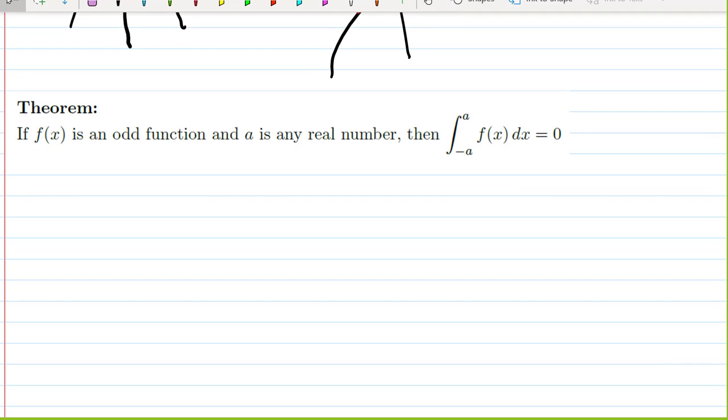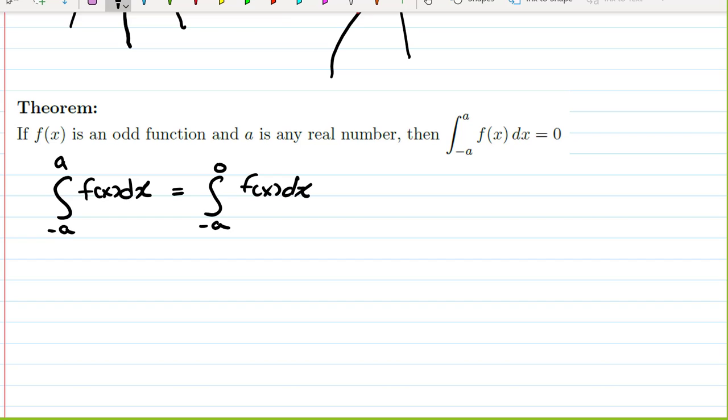Well, let's formally prove this instead of a proof by picture. So if we start with the integral from negative a to a of f of x dx, using our properties of integrals, I could split this into two separate integrals. The integral from negative a to 0 of f of x dx, plus the integral from 0 to positive a of f of x dx.